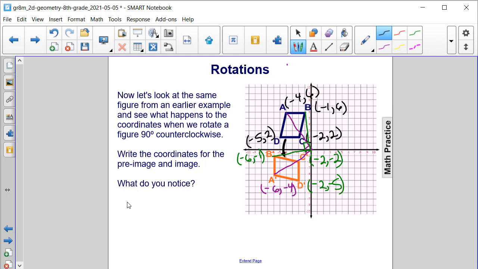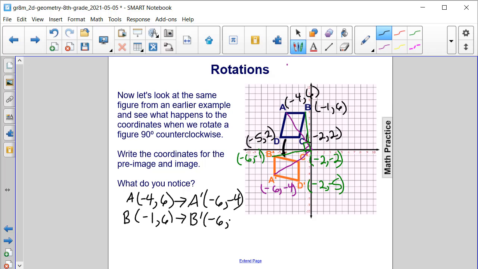So we go from -4, 6 to -6, -4. We go from B, -1, 6 to -6, -1.